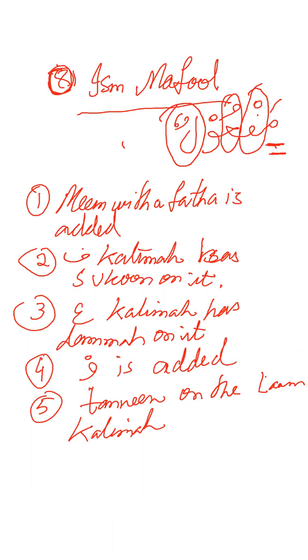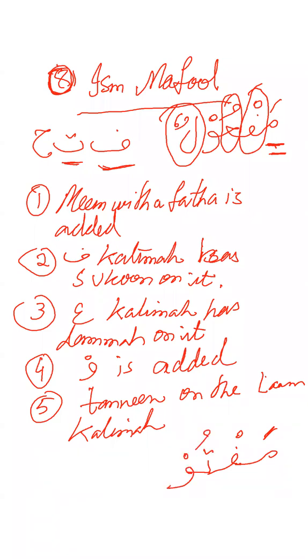So we have the letters of Fataha. It will be meem in the beginning, then the fa kalima is fa here, so it will remain fa. Maftuh. Exactly. Ta will get the dhamma and the waw, and ha will get the tanween. So it will be maftuhun. Is this clear?